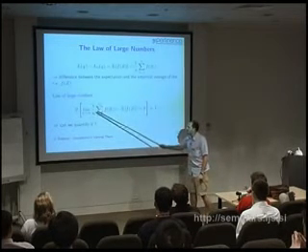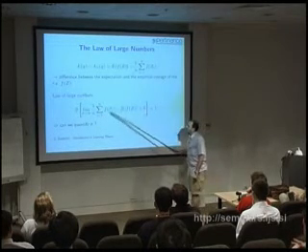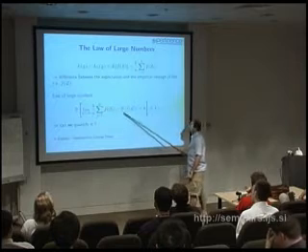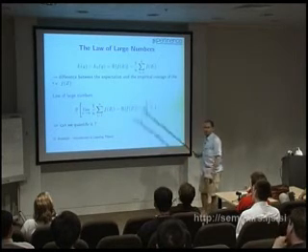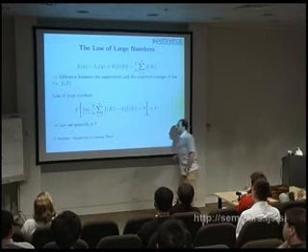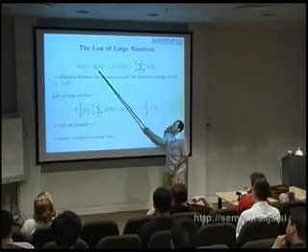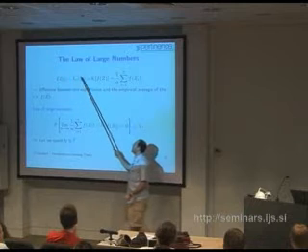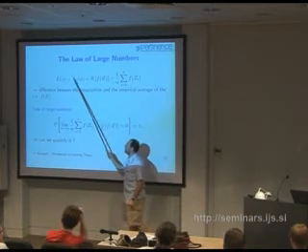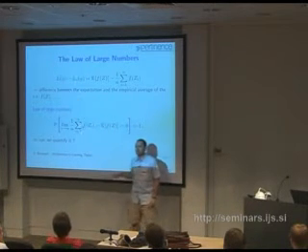This is what is written here. When n goes to infinity, this quantity goes to 0 with probability 1. So not only is the expected value of the empirical loss equal to the true loss, but also when n goes to infinity, the empirical loss converges to the true loss.